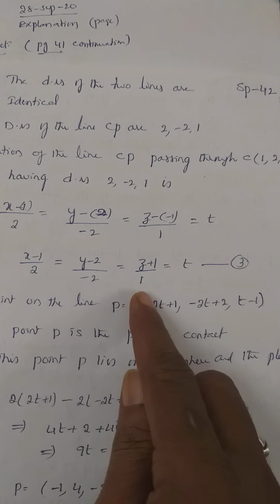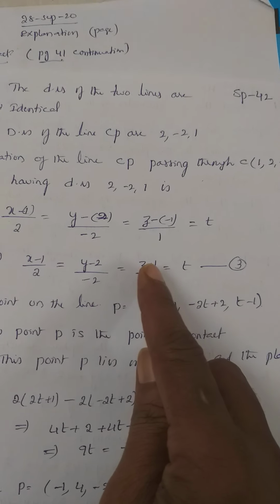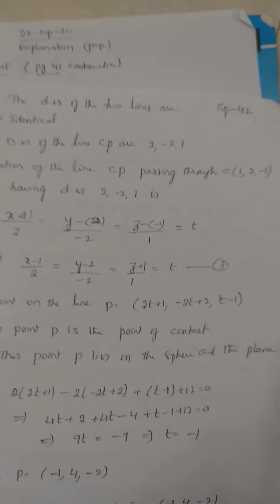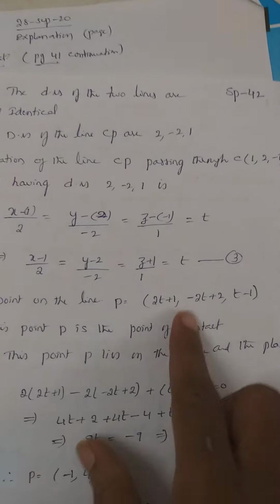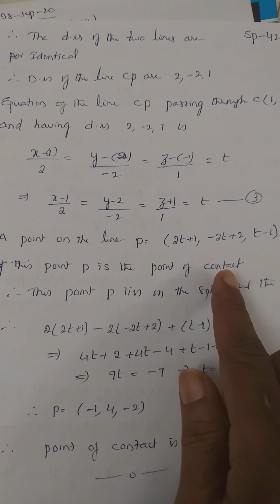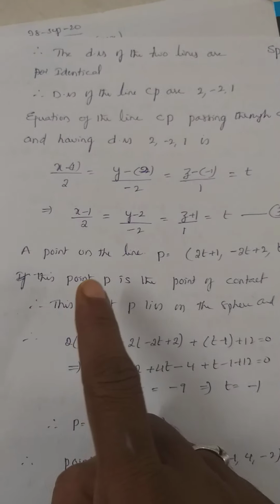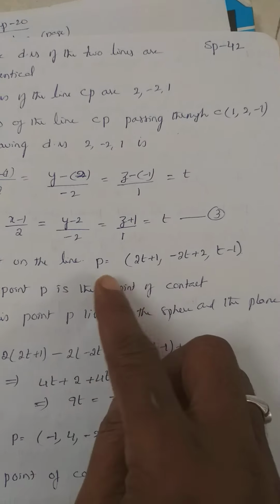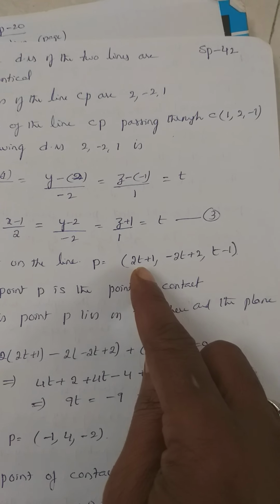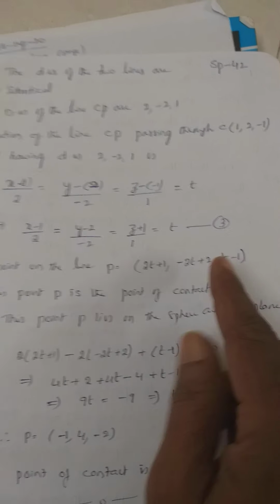Similarly, (z plus 1) by 1 is equal to t, z plus 1 is equal to t, z is equal to t minus 1. Now we got the x value, y value, z value. This point is called a random point on the line CP. Now a point on the line CP is P equal to (2t plus 1, minus 2t plus 2, t minus 1).